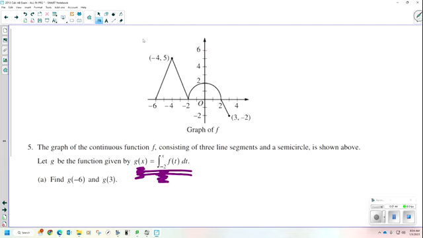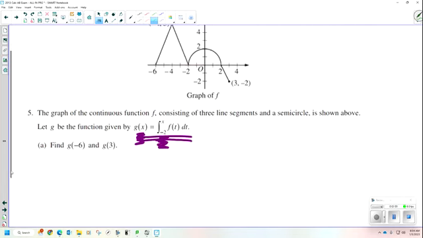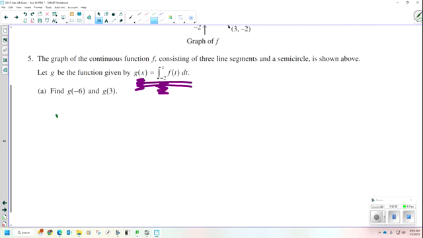So let me start by getting my calligraphy pen. Let's go green. Okay, let's find g of -6. All right, and I will start down here. G of -6 simply means I'm going to throw a -6 into any x, which happens to be the upper bound here. So the integration from -2 to x, which is now -6, of f of t dt.